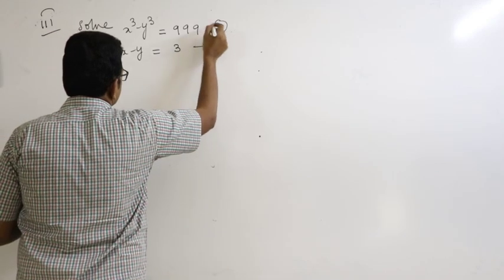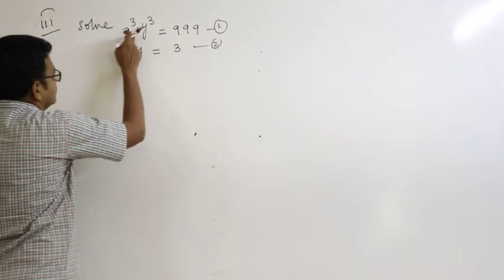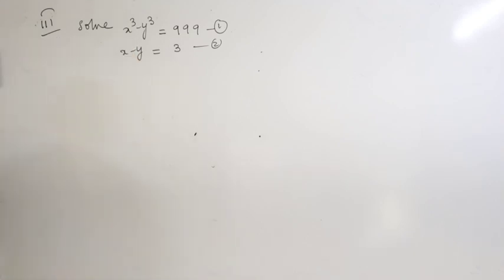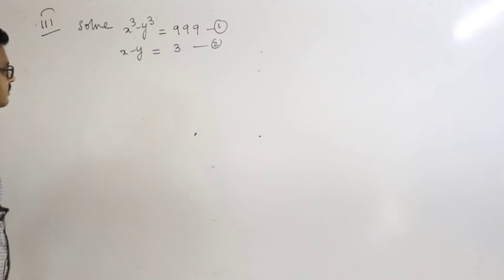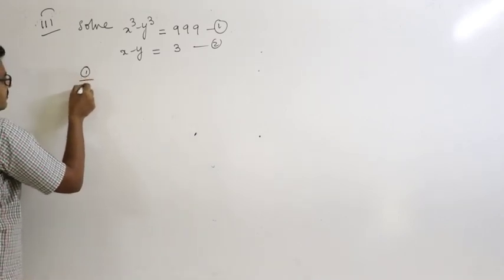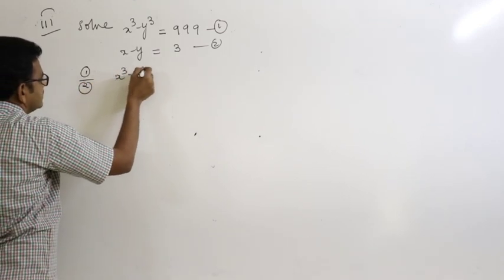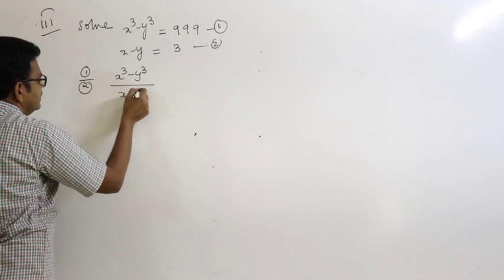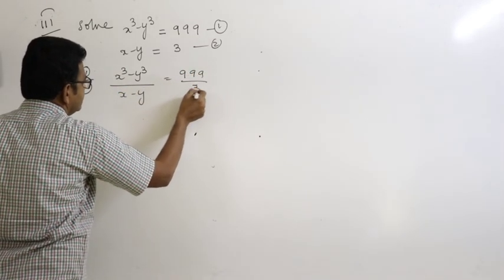So this is the second one, and the first one is x cube minus y cube is equal to 999, x minus y is equal to 3. Now you consider first one by second one: x cube minus y cube by x minus y is equal to 999 by 3.